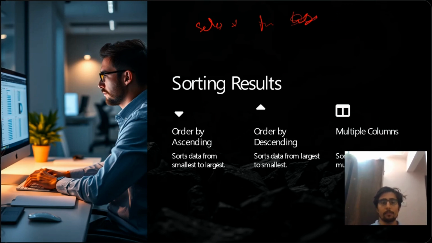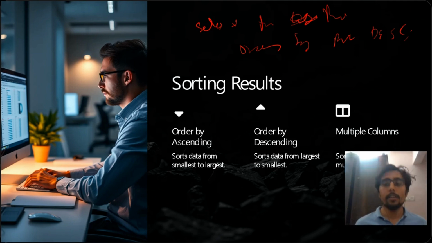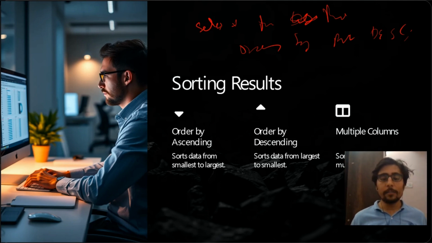Let's say select star from products order by price DESC. It will give the list of all the products ordered by price in descending order. For example, if you are selling products and you want the prices from top to bottom, the costliest thing will come on top and the cheapest at the bottom. So you'll use the ORDER BY clause there.